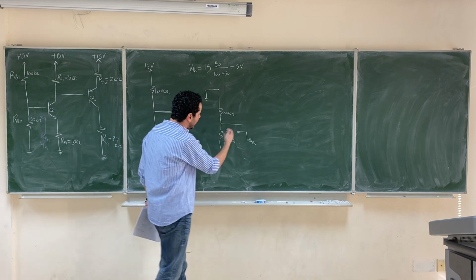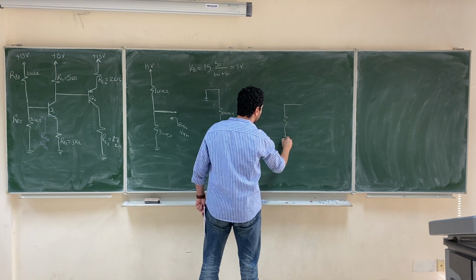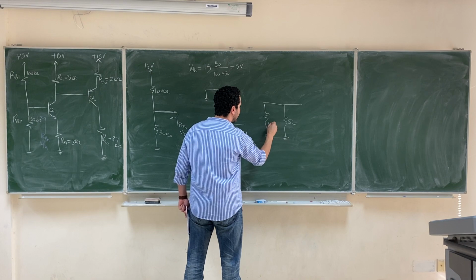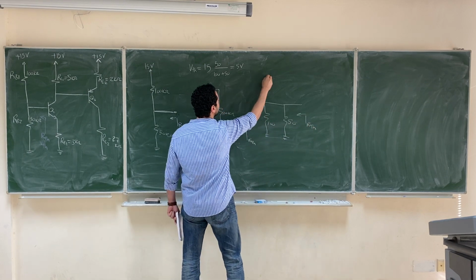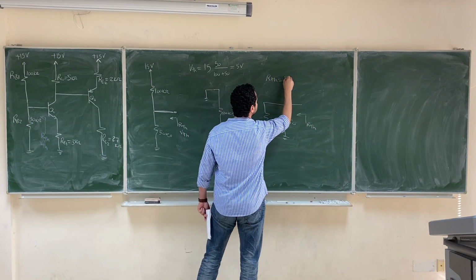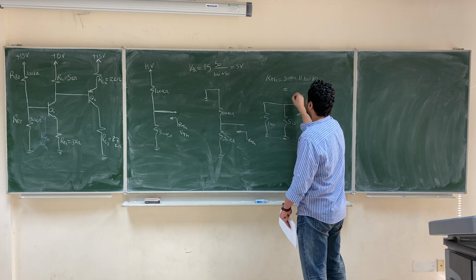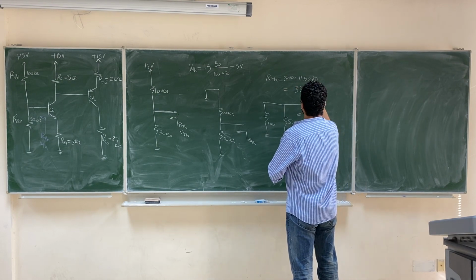So you can draw this in a different way. You can draw this like this, 50, and then you have 100 between this point and the ground. So R Thevenin will be 50 kilo ohm parallel with 100 kilo ohm, which will give you around 33.3 kilo ohm.